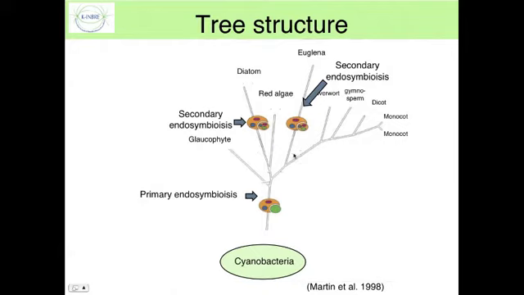And we've got secondary endosymbiosis when a red algae was phagocytized by a precursor to diatoms. We've also got secondary endosymbiosis of a green algae by a precursor to euglena. So euglena's plastids are believed to be derived from green algae, and diatoms' plastids are believed to be derived from red algae.